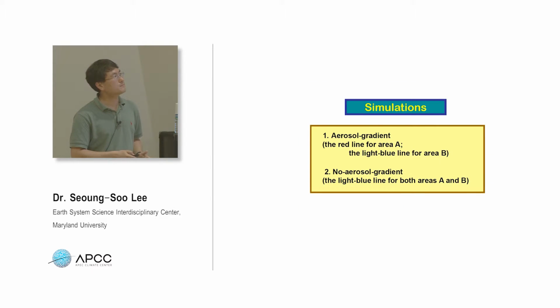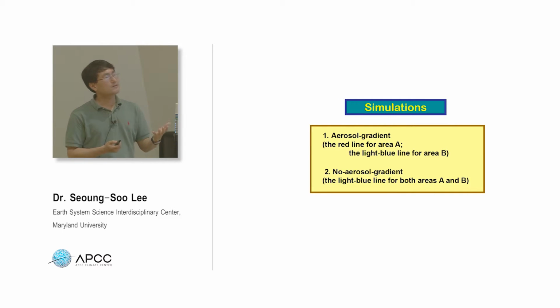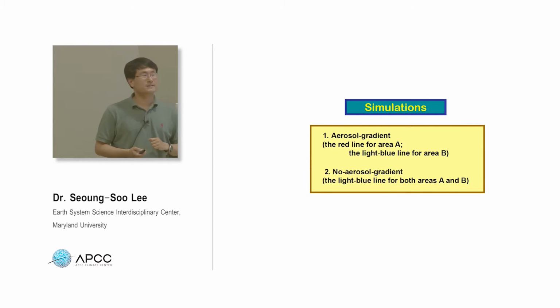This repeated run is referred to as no aerosol gradient, and the comparison between these two runs will identify the role played by the gradient of radiation absorbing aerosol in circulations, convection, and feedbacks therein.